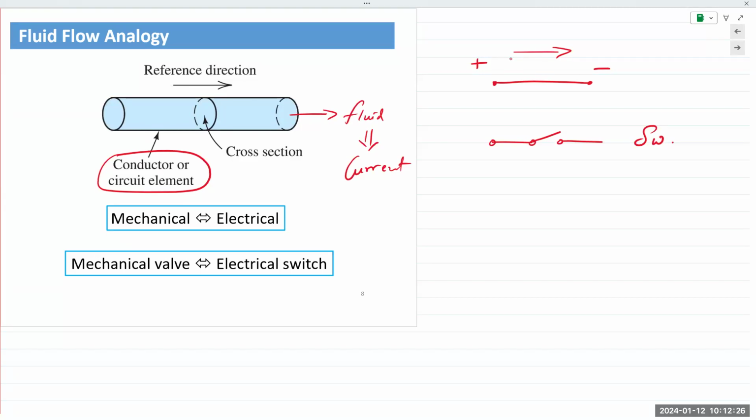Okay, but here's the big difference between a valve and a switch. A mechanical valve, when closed, will stop fluid flow, right? In most cases, if a valve is closed, it'll stop the movement of the fluid.